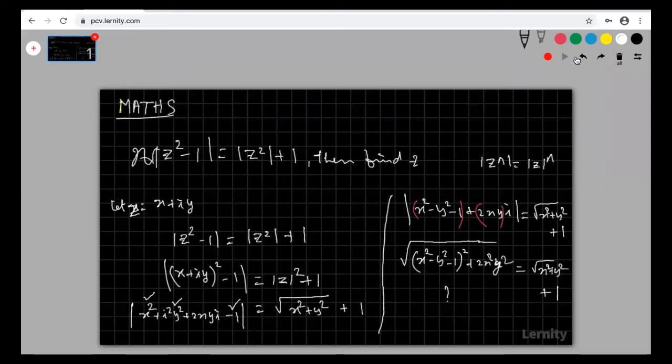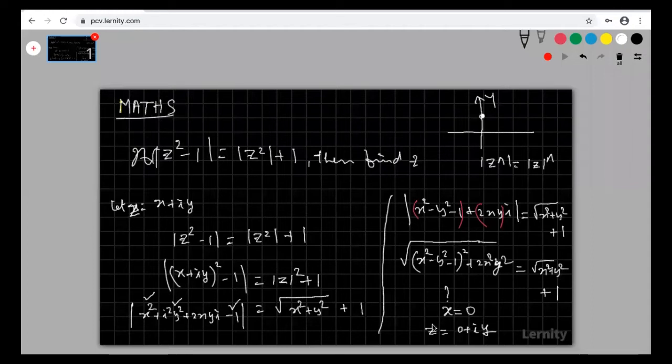I'm sorry, if you simplify, you will get x equal to 0. x equal to 0 means my z is equal to 0 plus iy. So my complex number is 0 plus iy, and that means we get only the imaginary part. Only imaginary part means my complex number lies on the y-axis, the imaginary axis.